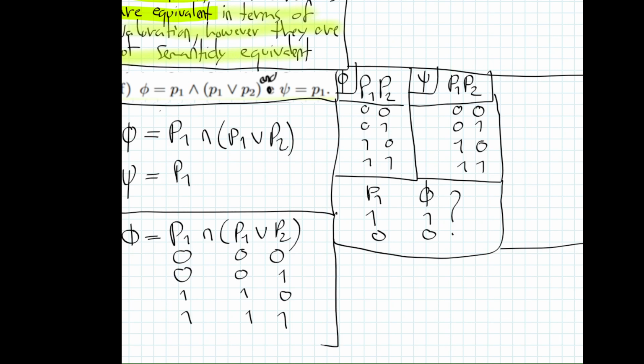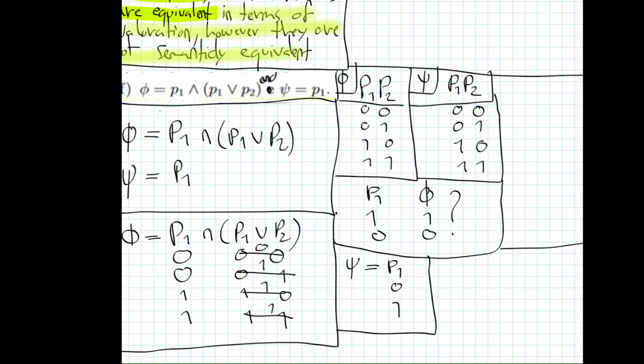And finally for psi, we got P1, so this is either 0 or 1, and that's the answer given. The disjunction produces 0, then 1, 1, 1, and then the conjunction gives 0 here, 0, 1, and finally 1.